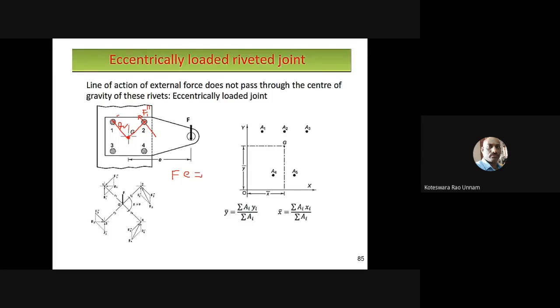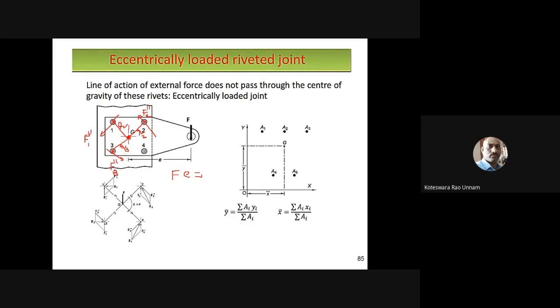Then the force is acting in this direction, and I'll take it as F1 double dash. The secondary force is represented by double dash, and the primary force by F dash. Similarly, for the second rivet it acts something like this. This is F2 double dash, and the distance from the center of the rivet to the center of gravity of the rivet system is R2. For rivet 3, this distance is R3 and the force is F3 double dash.